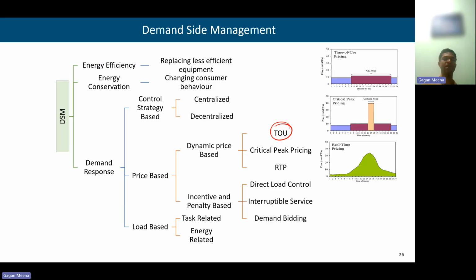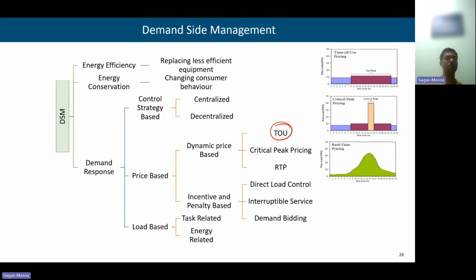We would say that although the distribution companies are actually seeing the real-time market price, consumers are asked to pay the same amount; the variable or the tariff is the same, irrespective of the market price.